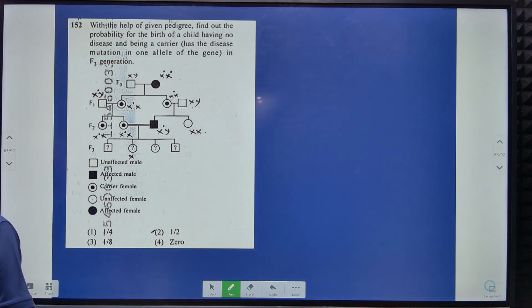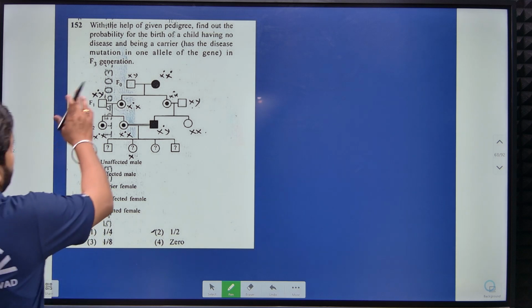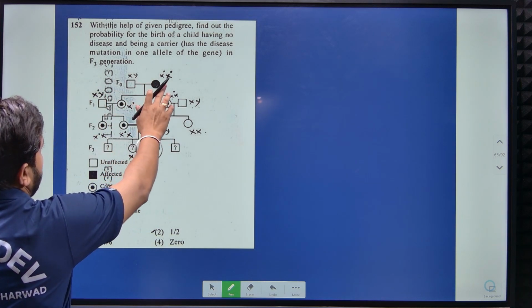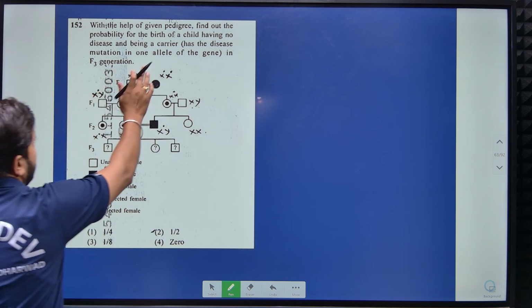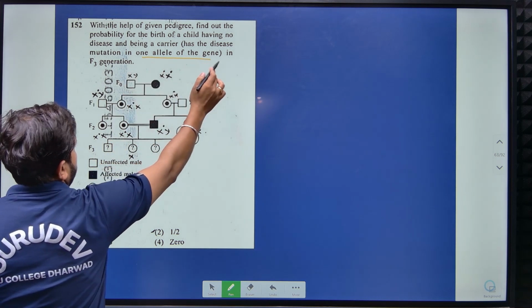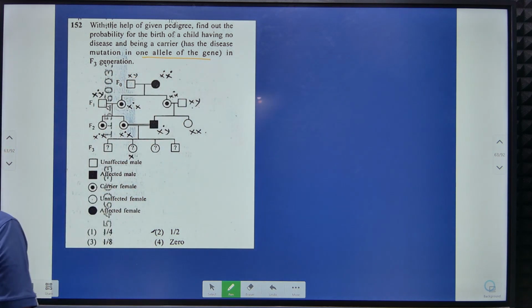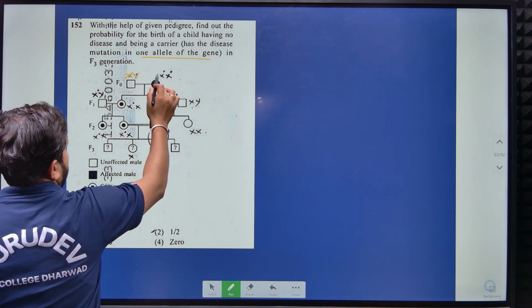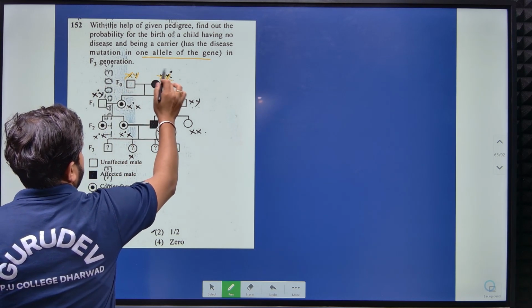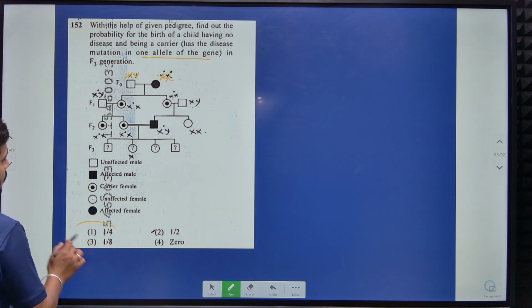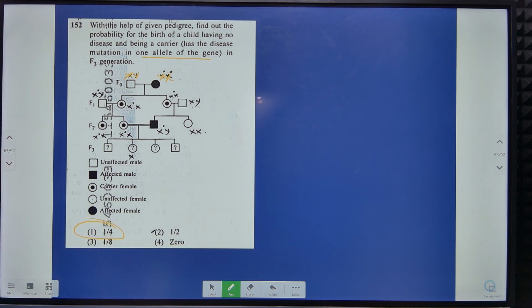Then, with the help of the given pedigree, find out the possibility of the birth of a child having no disease and being a carrier, having the disease mutation in one allele of the gene in the F3 generation. We have to calculate according to what is mentioned, XY, X dot X. Overall, the answer here will be 1/4.